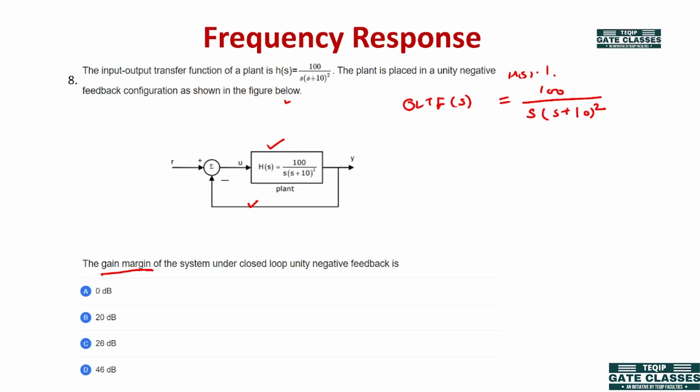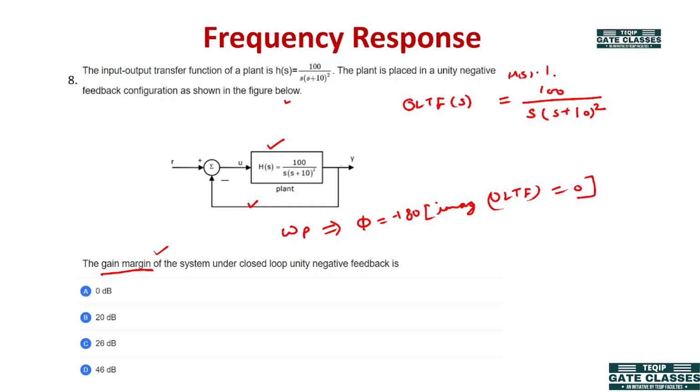Okay, so for calculating the gain margin we need to calculate the phase crossover frequency, that is where phi is equal to minus 180 degree, which means the imaginary part of the open loop transfer function is equal to 0.